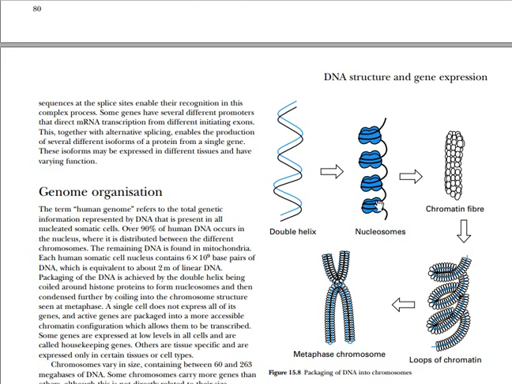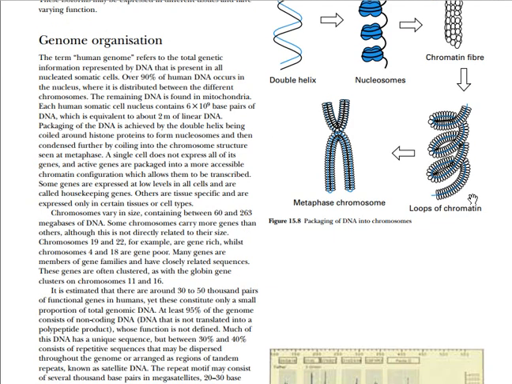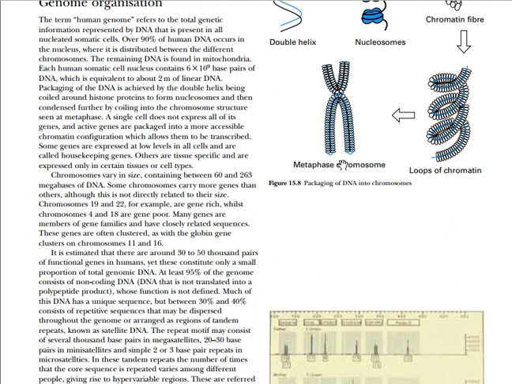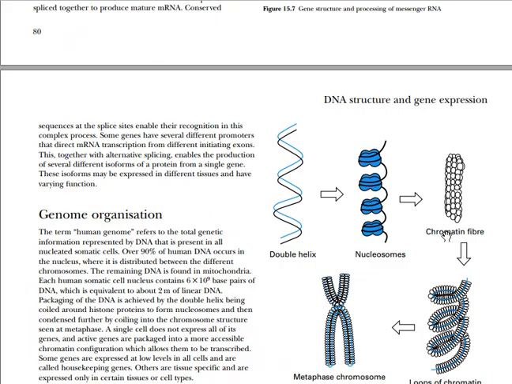Then later on, the nucleosomes form multiple groups. They produce the chromatin fiber. Then the chromatin fibers in multiple groups produce loops of chromatin, and then loops of chromatin in multiple groups produce chromosomes in metaphase. Actually, if the chromosome is in interphase, it exists like chromatin fibers like this.